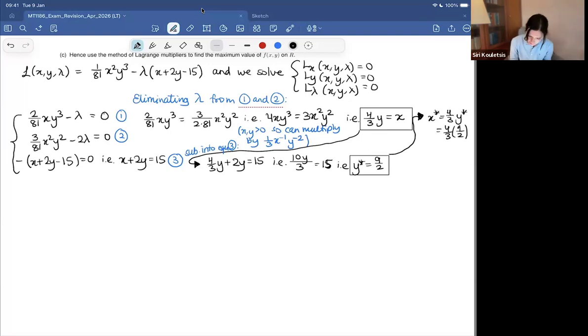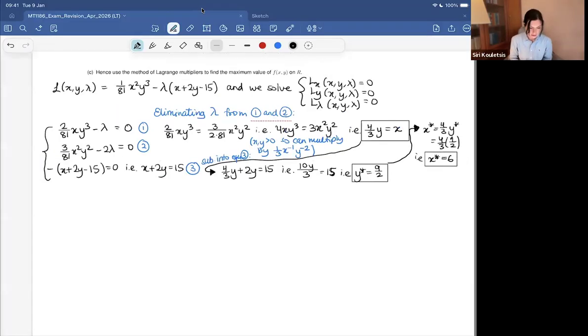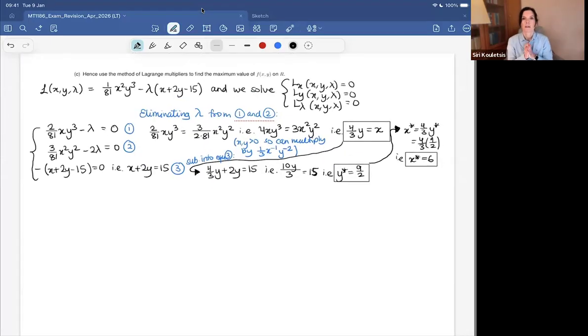And so we see that x star is 6. Okay, so that is the point x, y where the maximum occurs, right? But we haven't found the value of f there yet. Now we need to evaluate f at x star, y star.